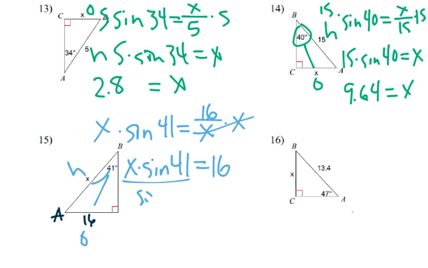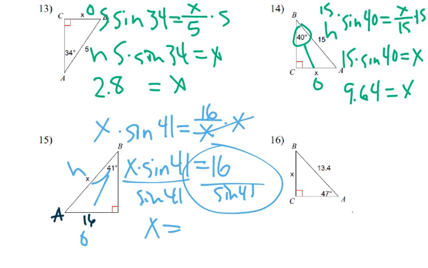Divide by the sine of 41. So we get x equals 16 divided by the sine of 41. So that's what I type in, 16 divided by the sine of 41 degrees. And I get 24.39.